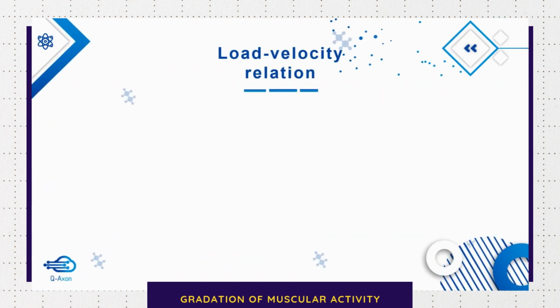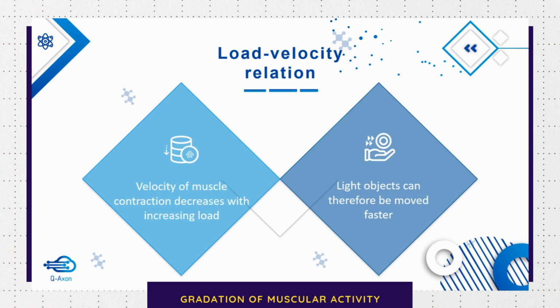Now that we've studied the relationship between frequency of stimulation and muscle contraction, let's look at another property of the muscle, that is the relationship between load applied on the muscle and the velocity of its contraction. We know from experience that light objects can be moved faster.